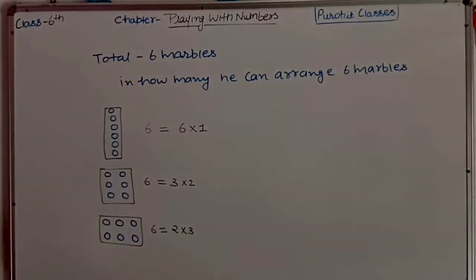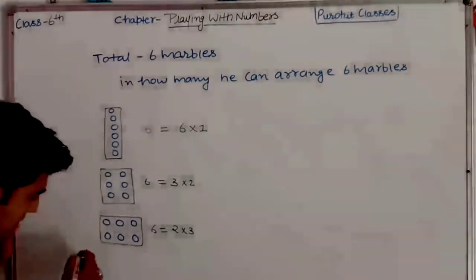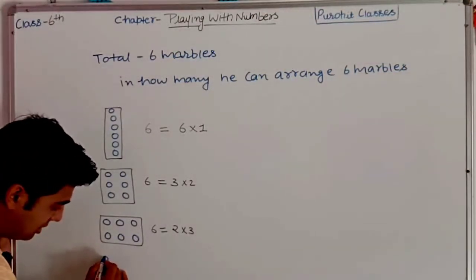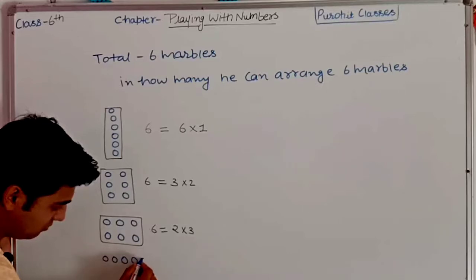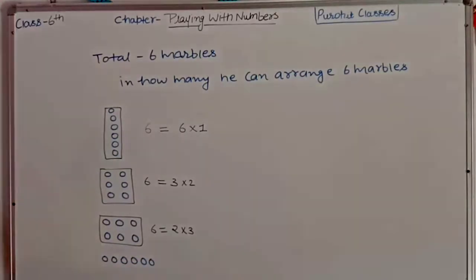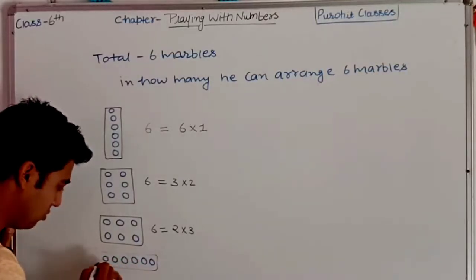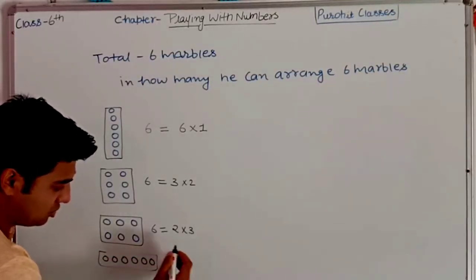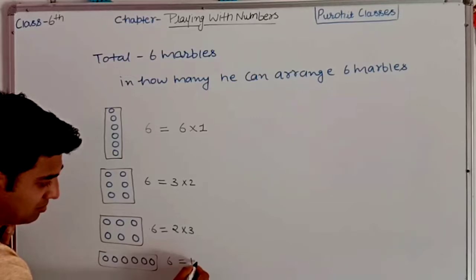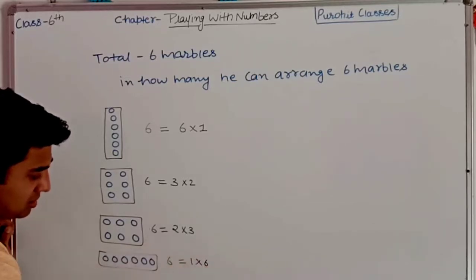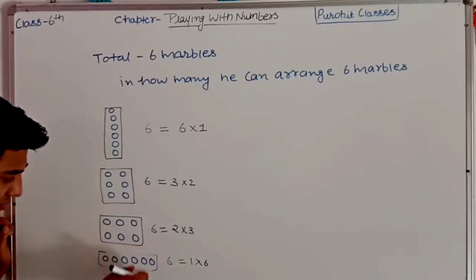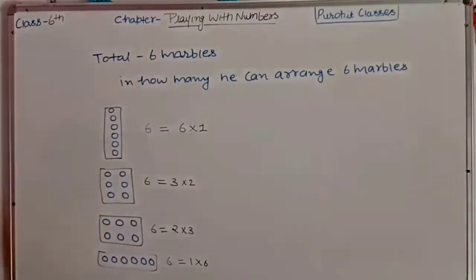One more way is 1, 2, 3, 4, 5, 6. All the 6 marbles just in one row. So one more way in which we can represent 6 will be 1 row multiplied by 6 columns. 1, 2, 3, 4, 5, 6. 6 columns. Columns are vertical and rows are horizontal. Getting or not?